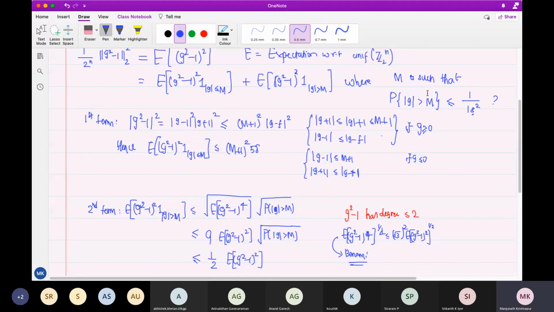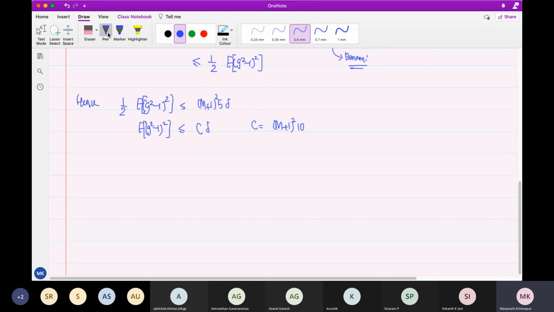How do we get that C is not dependent? I mean, so this M, so C depends on M. But caveat, C depends on M, and M depends on G, which depends on F, of course.